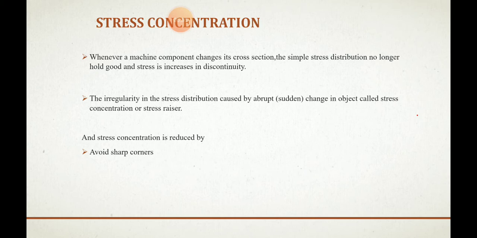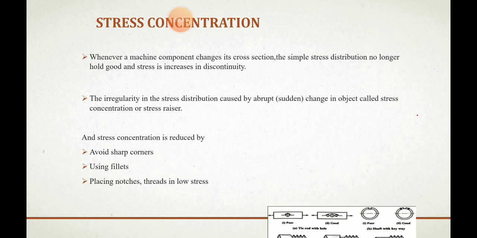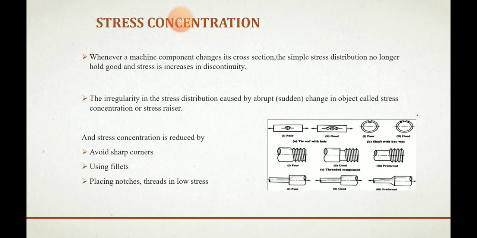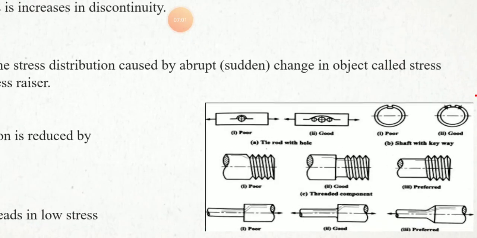Whenever there are sharp corners, you replace them with fillets, that is, with a small radius. You have to use fillets, and place notches and threads in low stress areas. These are some of the ideas you can adopt in order to reduce stress concentration. In this block diagram we have shown it. Now see here.